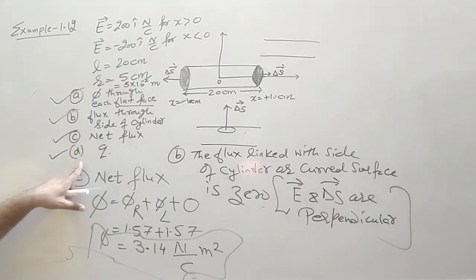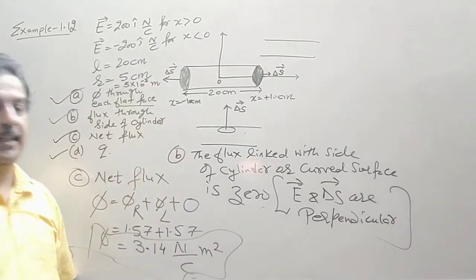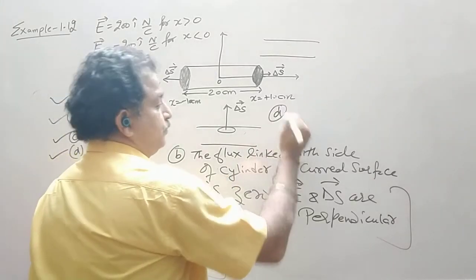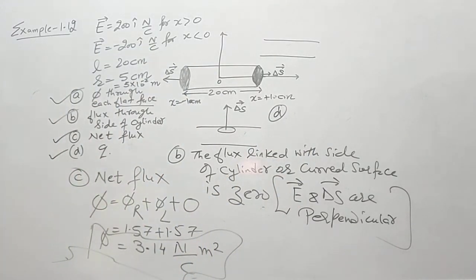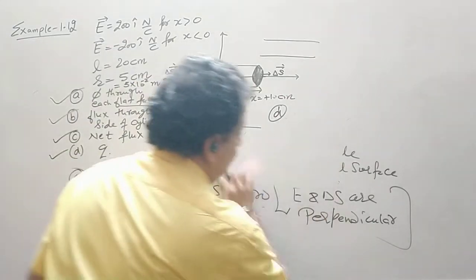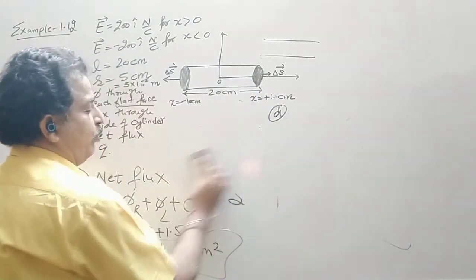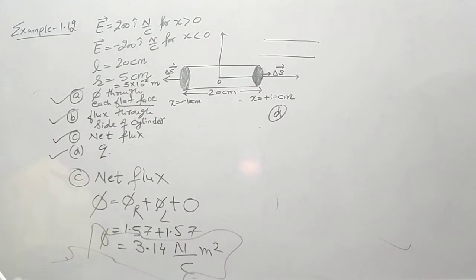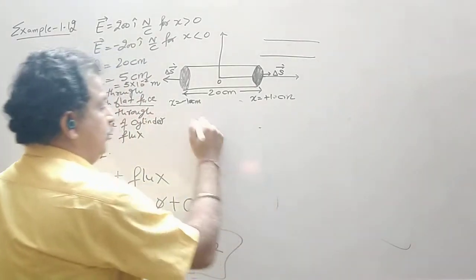Last part, find out the total charge enclosed by this cylinder. So D part, which is the total charge. So simply, if we know the flux, we have to apply the Gauss law.